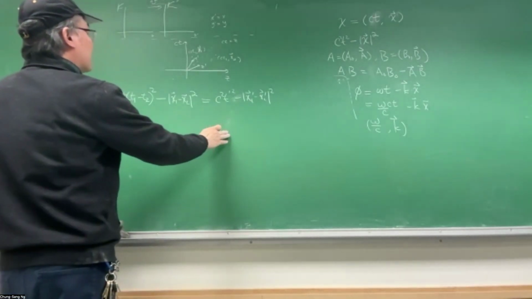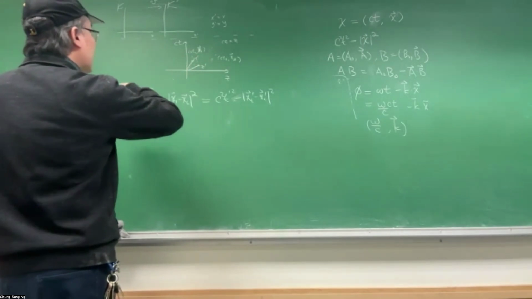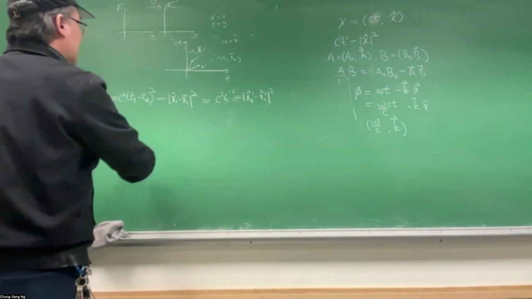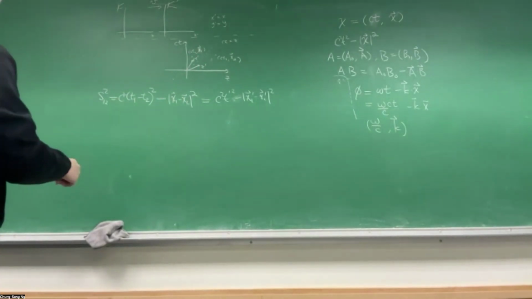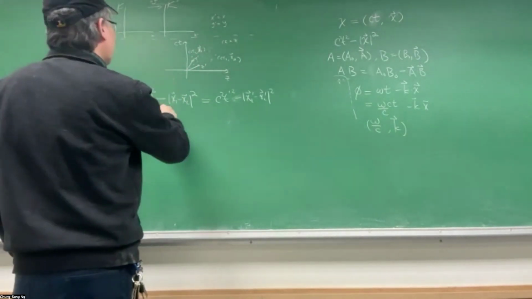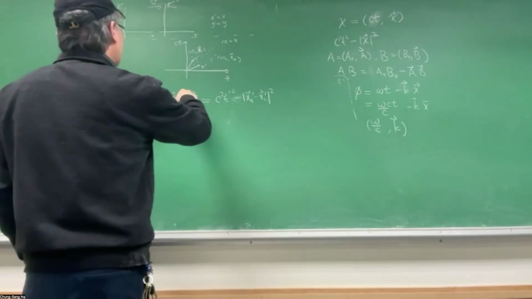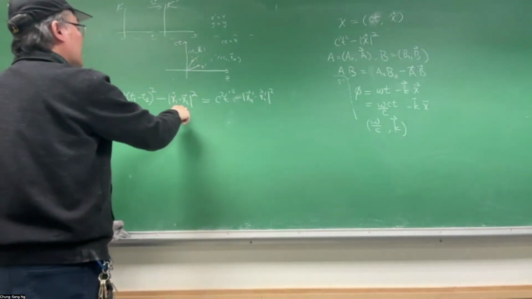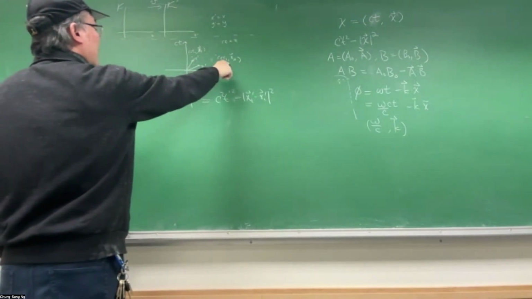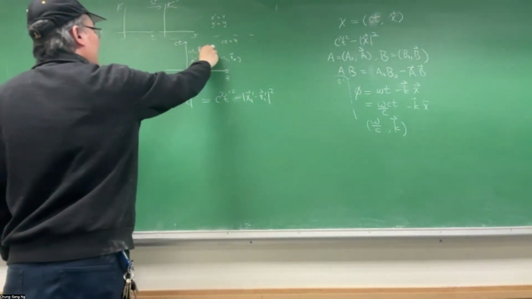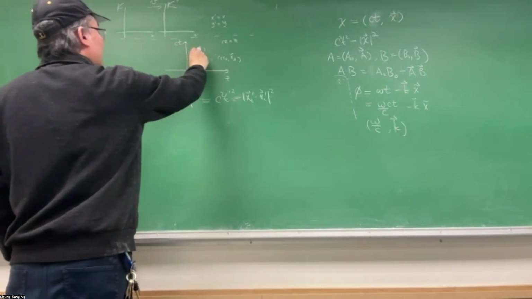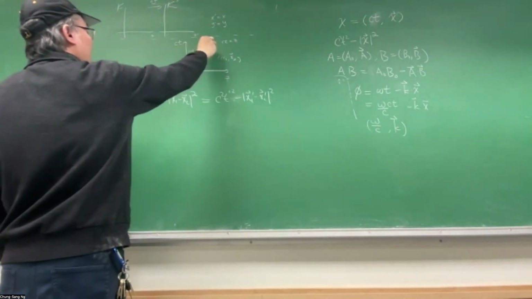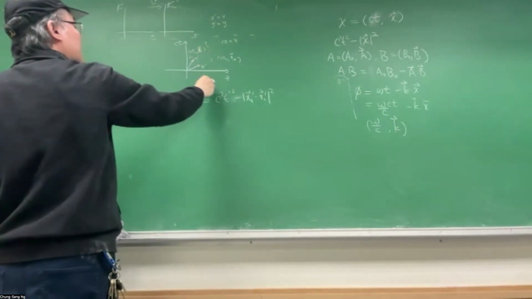Okay, but then we classify these things according to whether this is positive or negative. If this is positive, which means this time difference is greater than the space difference, then the events are not separated by a light beam. Event 1 is here, and event 2 would be something like here.